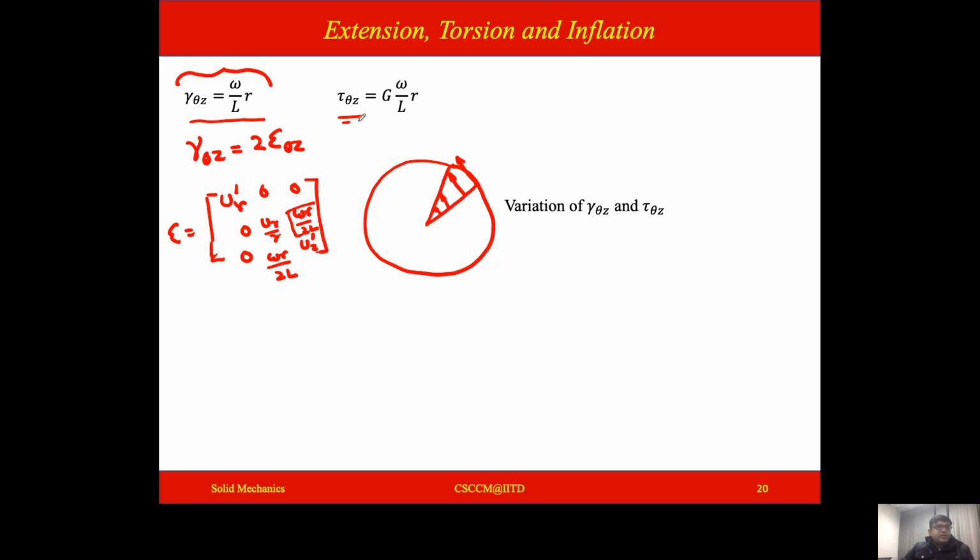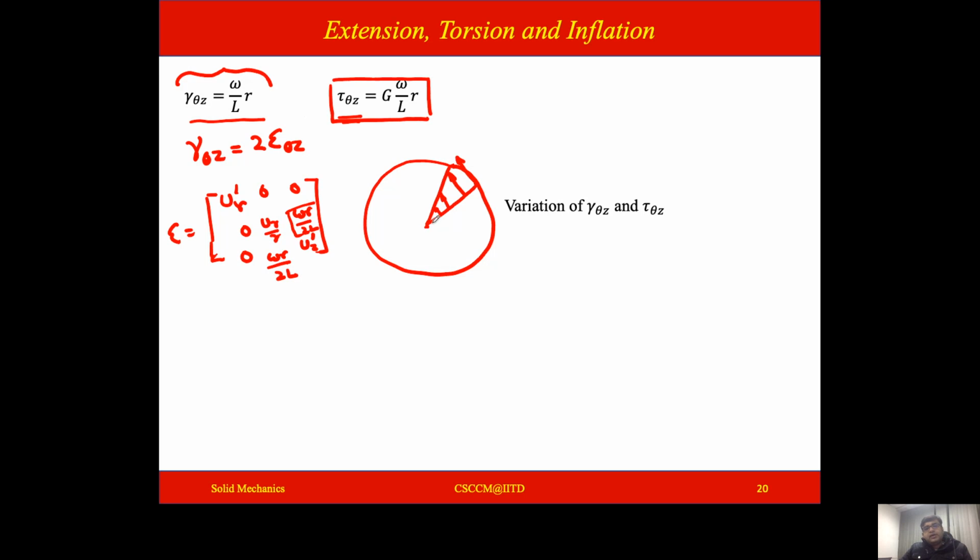And then tau theta z, since we're talking about a linear elastic isotropic material, is equal to G, the shear modulus, times gamma theta z. So what can we say from this equation? We can say that tau theta z increases with increase in r. If I have this circle, you can see as I go outside, my tau theta z is increasing. This is my tau theta z, this triangular form.